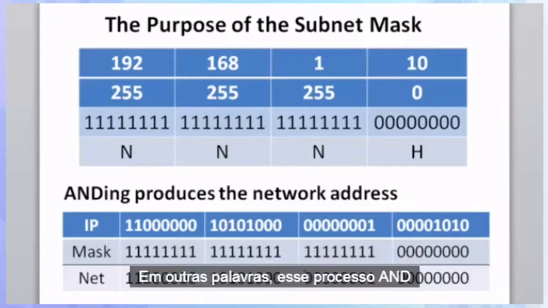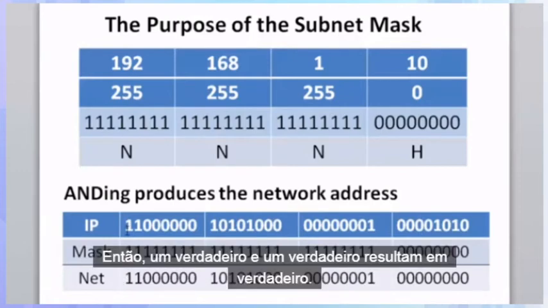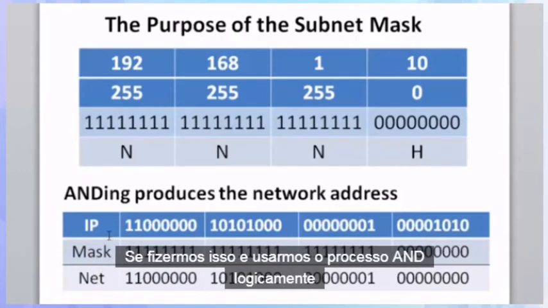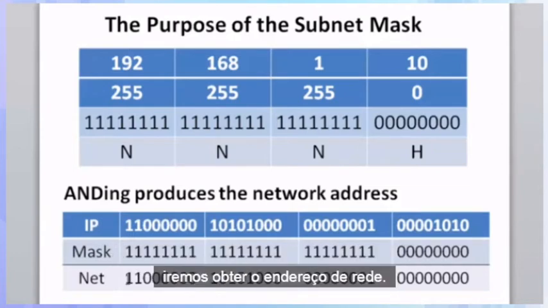This ANDing process is a logical process. So a true and a true makes a true, and a false and a true makes a false. If we logically AND the IP address with the subnet mask, we get the network address.